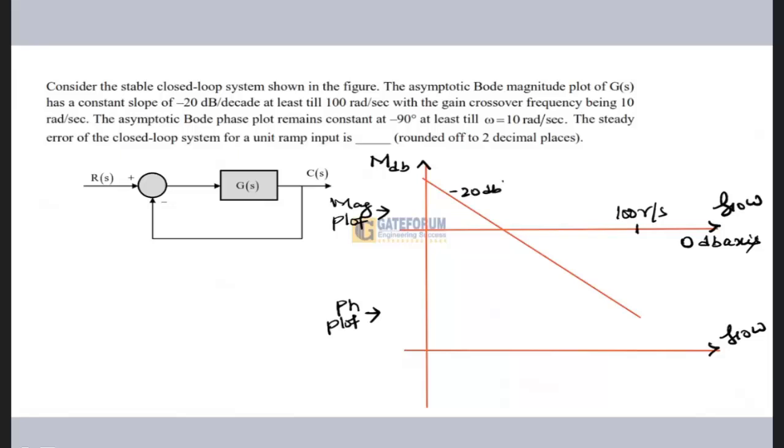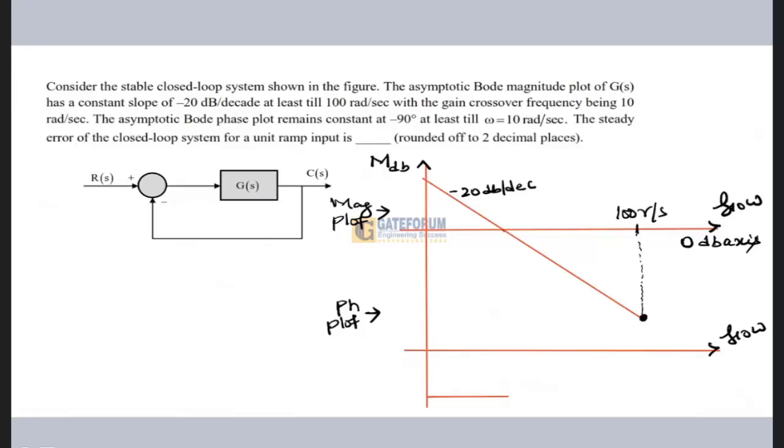So they have given you information about the initial slope, okay, and they are asking you the steady state error for unit ramp, okay. And for the phase plot they have told that it remains constant at minus 90 degree, so it is minus 90 degree till omega equal to 10 radian per second.